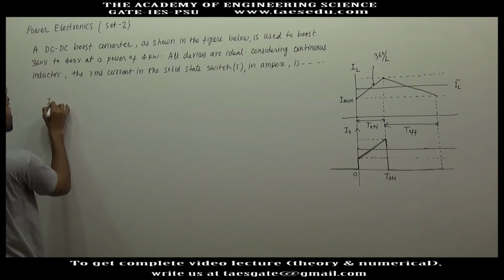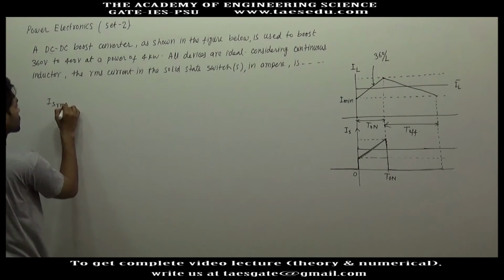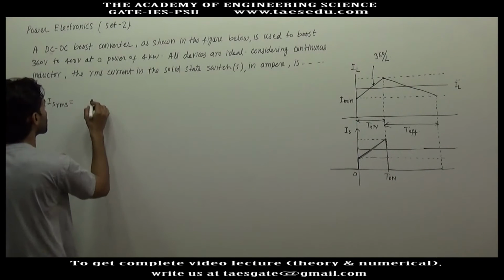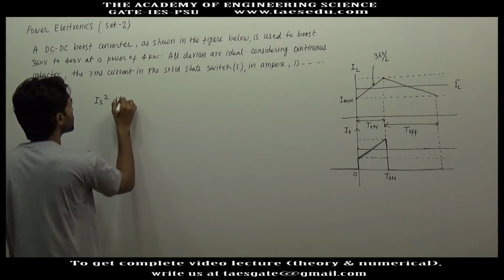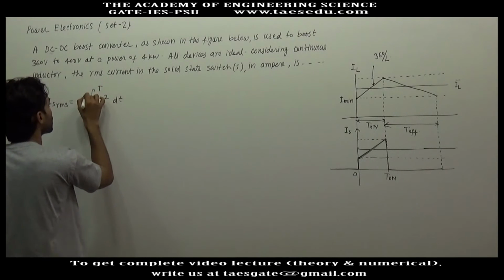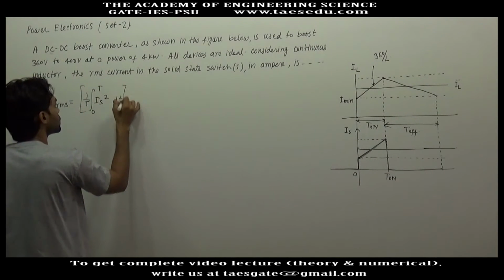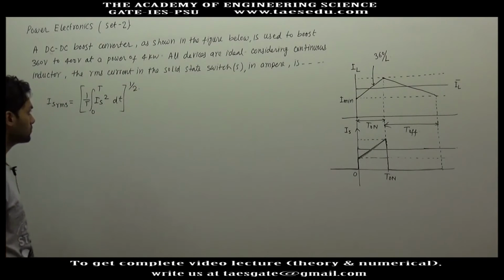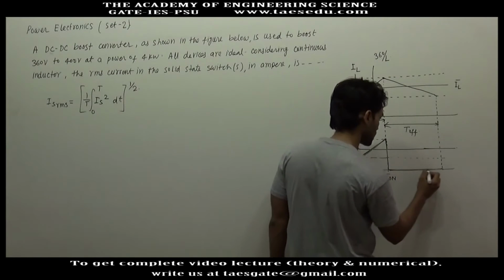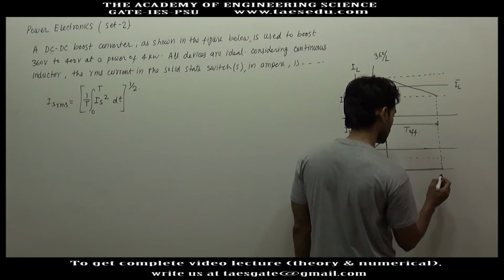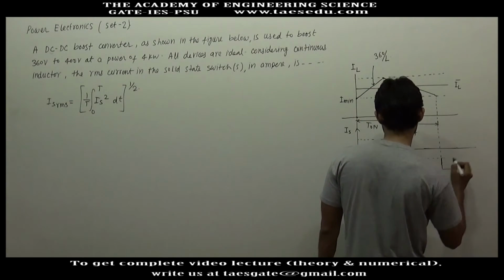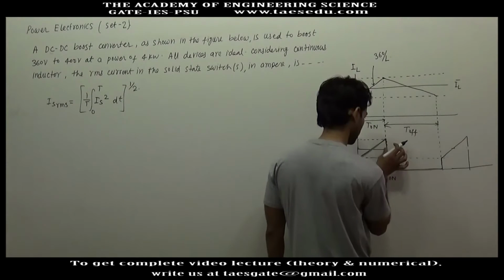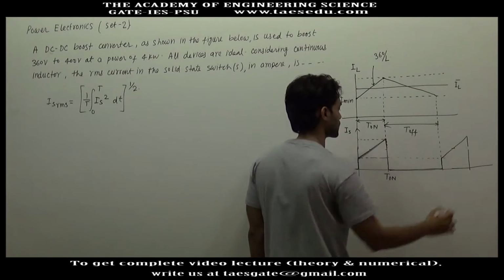The expression for the RMS value of switch current will be the integral of instantaneous switch current squared dt from 0 to T, times 1 by T, to the power half. This is because the current will be periodic. Up to this point it will be 0, and after this point again it will take this same shape. This is the shape of switch current.